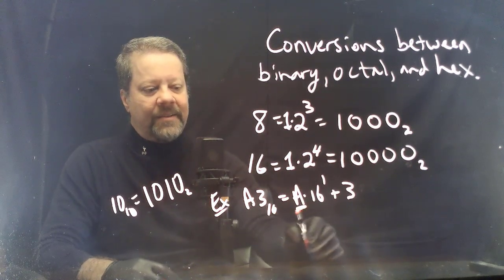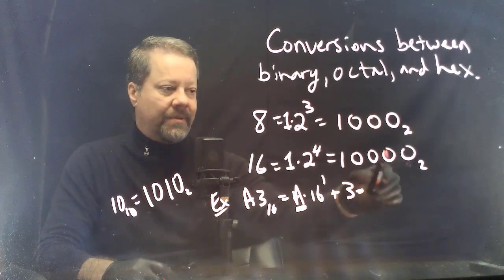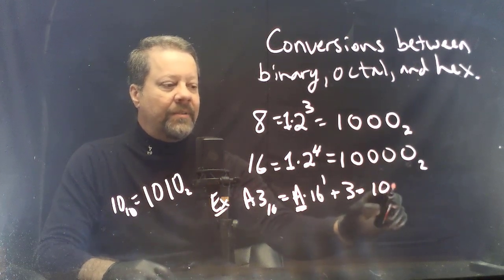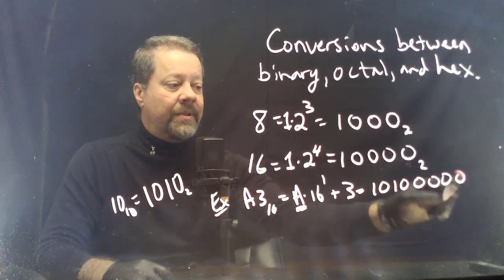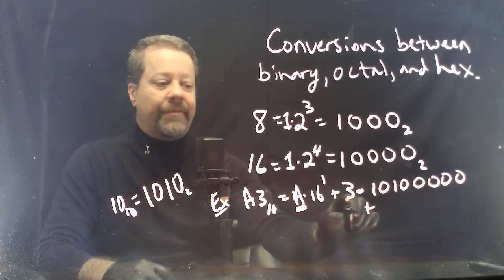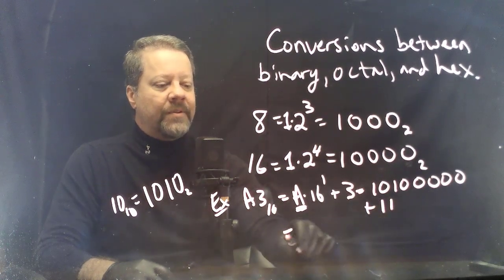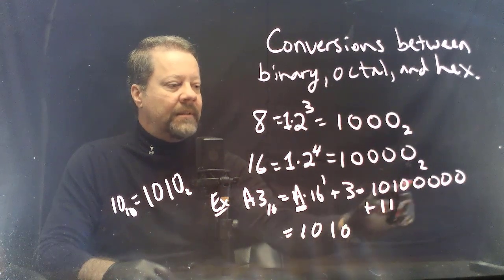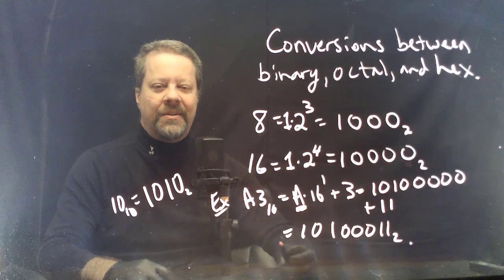So I'm taking this 1, 0, 1, 0 and multiplying it by this 1, 0, 0, 0, 0. So that's going to give me 1, 0, 1, 0, 0, 0, 0, 0, and on top of that we have a 3, which is represented by 1, 1. So altogether we're going to have 1, 0, 1, 0, 0, 0, 1, 1 in base 2.